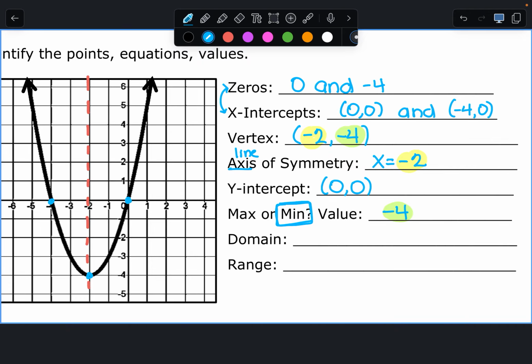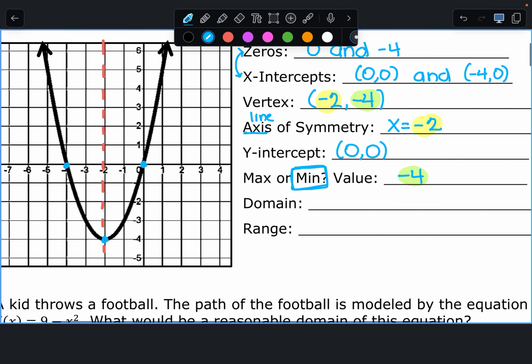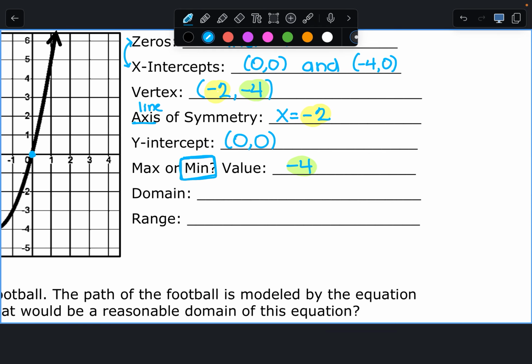Domain and range. For domain and range, you always have to label the points. With straight lines, you would label 2 points, but with parabolas, you have to label 3 points. You label the ends and the vertex. The ends will not always be arrows.